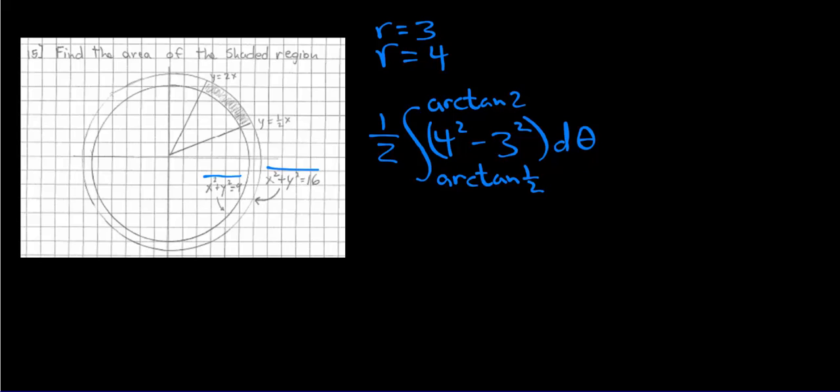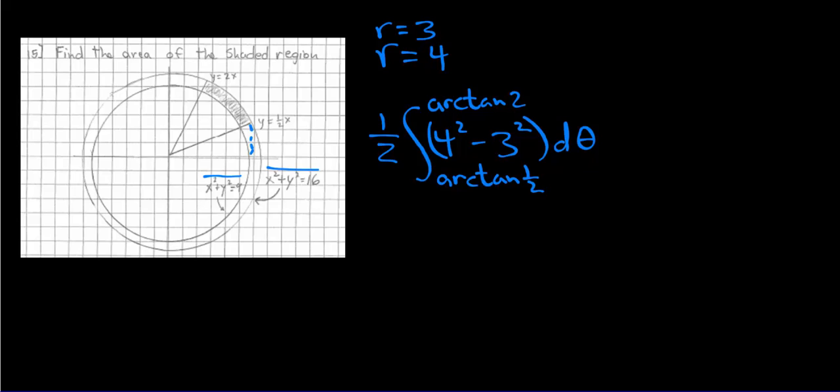So arctan 1/2 to arctan 2. Because look, whatever x is, y is 1/2 of it. So it's going to be 1/2 over x.